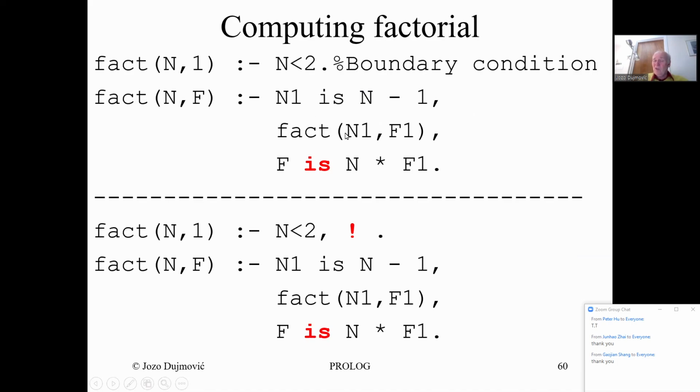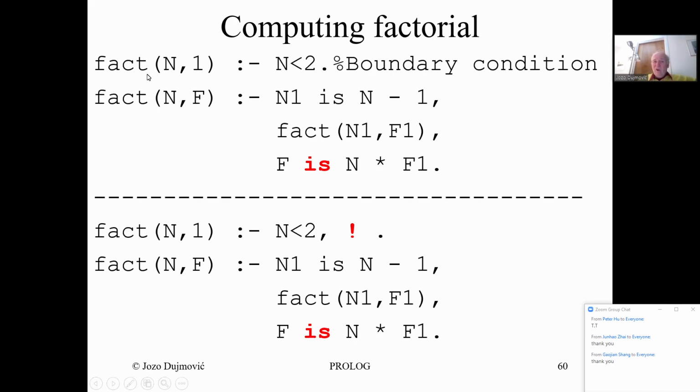When you satisfy this condition, then you start returning from this factorial to this line here, and computing f is n times f1. So if this is partially understandable how this works, we have two possibilities. Either we write it in this way, or we write it in this way, but then put cut after the boundary condition. So to prevent generating more solutions, because how many solutions do we have for factorial?